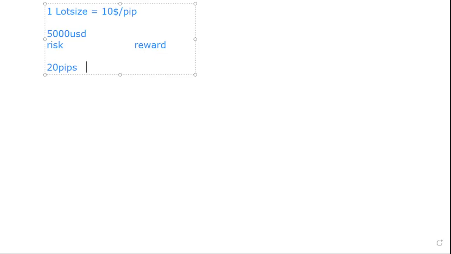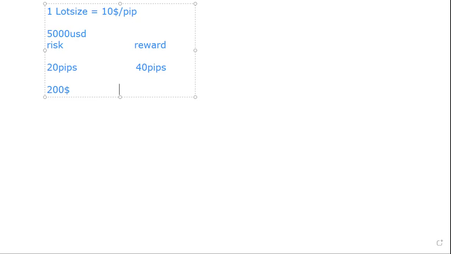This person is risking 20 pips to get a reward of 40 pips. Now we want to convert these 20 pips into dollars, and we want to convert the reward into dollars. So if $10 is the same as 1 pip, what about 20 pips? It will be $200.